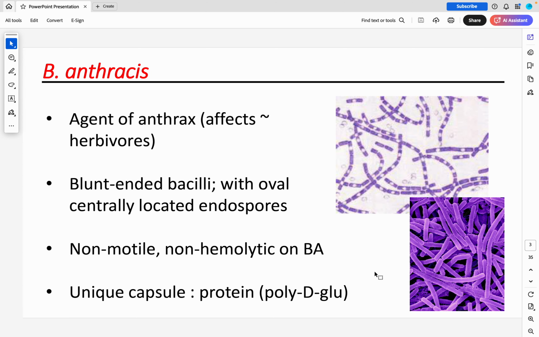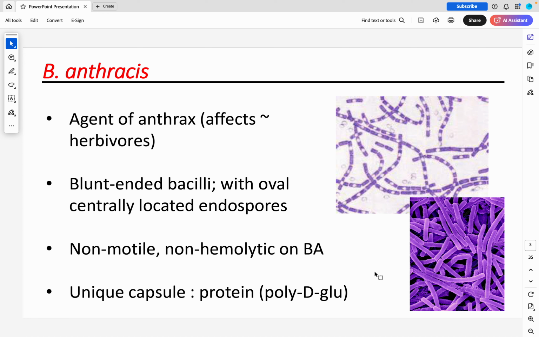Okay. So now let's look at some examples of Bacillus species that are clinically significant. First is Bacillus anthracis, which is the causative agent of anthrax, usually affecting herbivore animals.